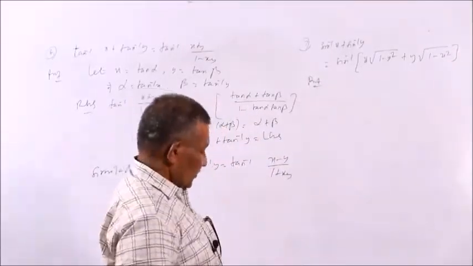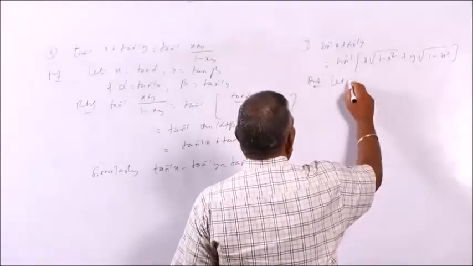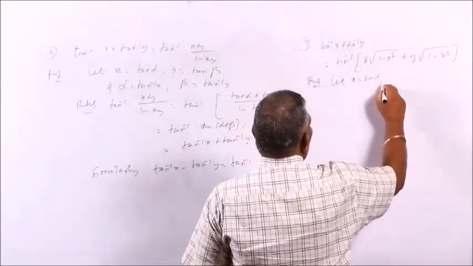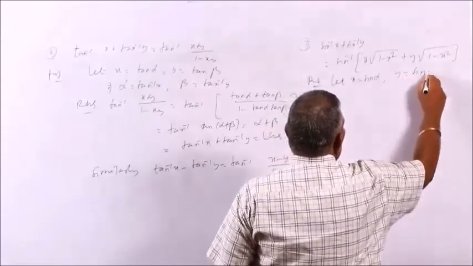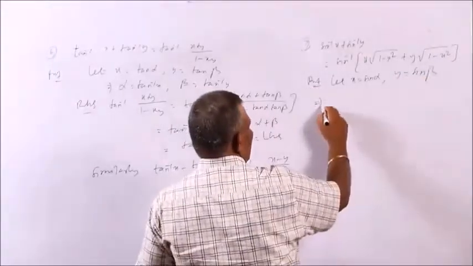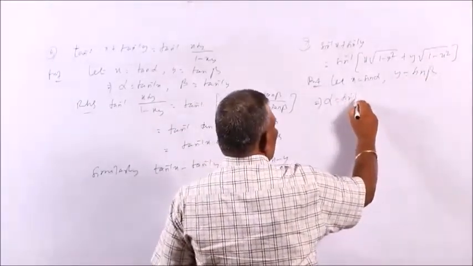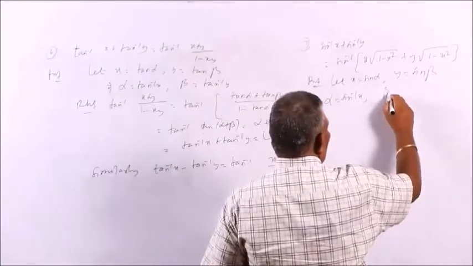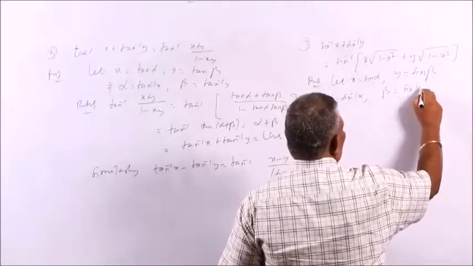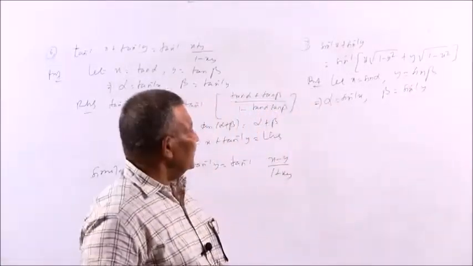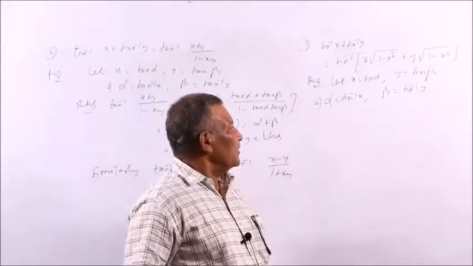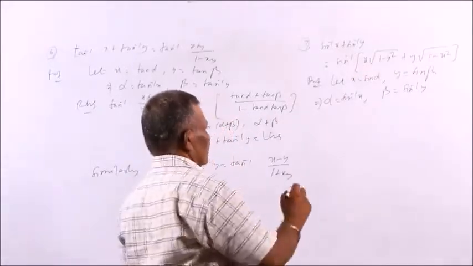Let us take x equal sin alpha, y equals sin beta, that implies alpha equals sin inverse x, beta equals sin inverse y. So for convenience we will start from RHS.